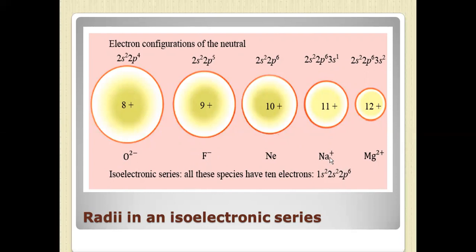As the electrons are similar and the atomic number increases, the nuclear charge effect also increases. The attraction between the electrons and the nucleus becomes more effective, therefore the size of the atom decreases as the atomic number increases. Did you all understand?